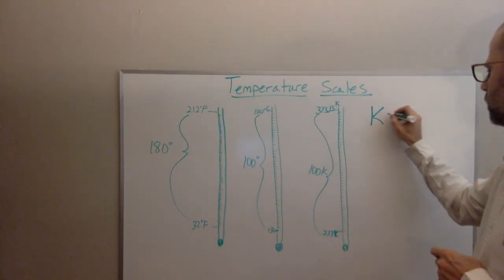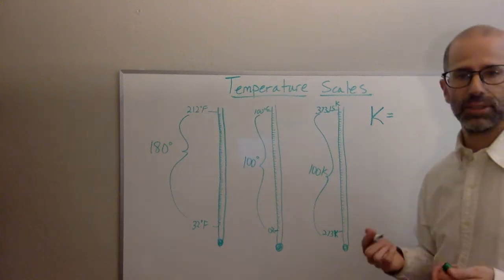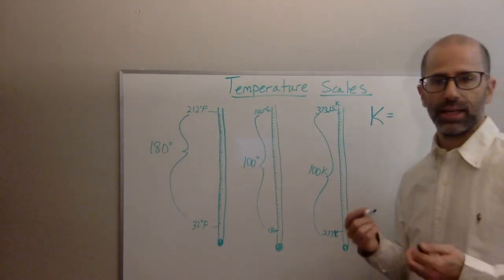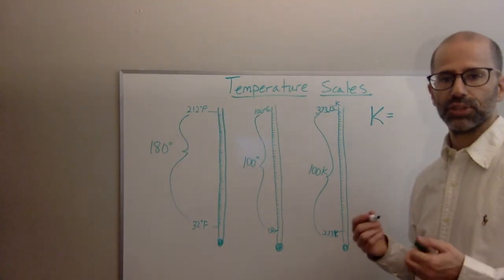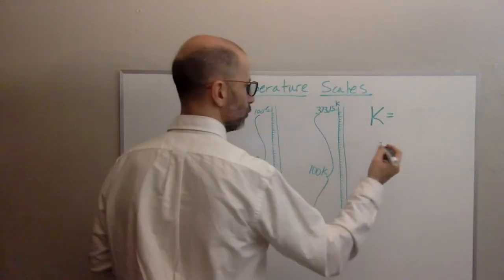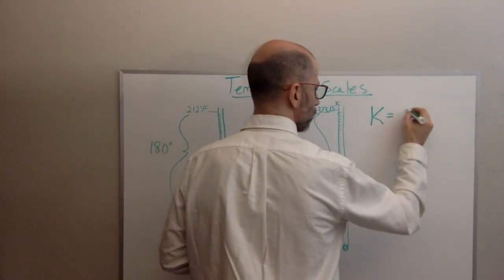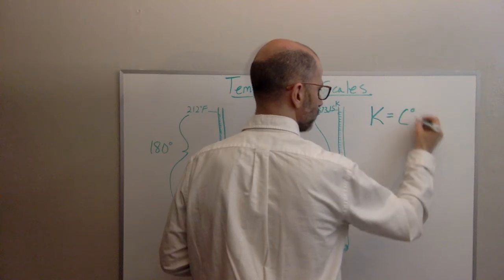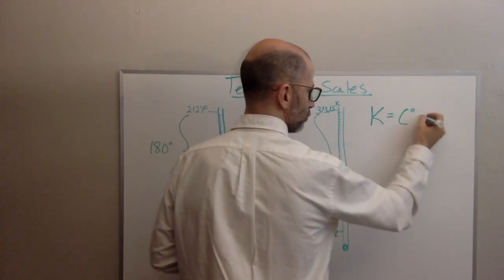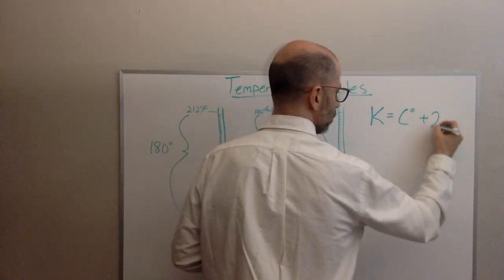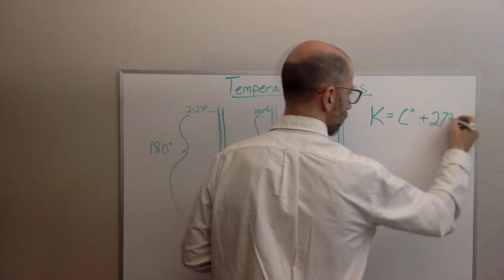If you want to convert between Kelvin and Celsius, Kelvin is going to be equal to whatever degrees Celsius you have, and you're just going to add 273.15.